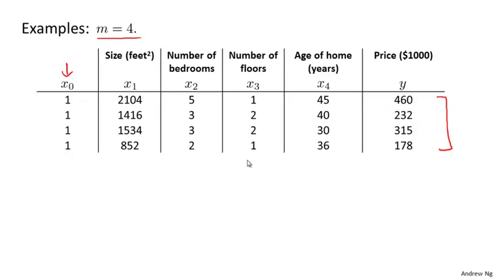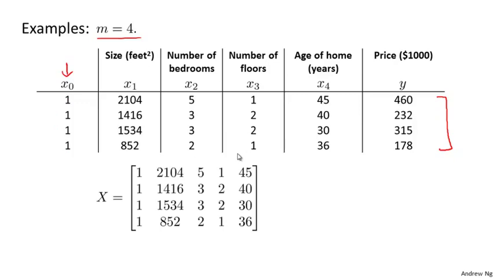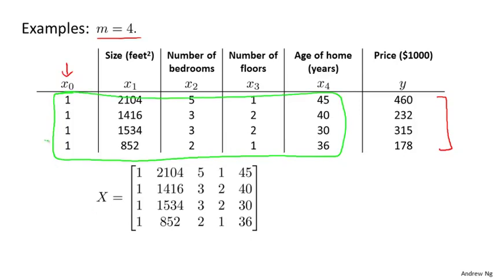I'm then going to construct a matrix called capital X. That's a matrix that basically contains all of the features for my training data. So concretely, here are all my features. I'm going to take all those numbers and put them into this matrix X. Just copy the data over one column at a time.